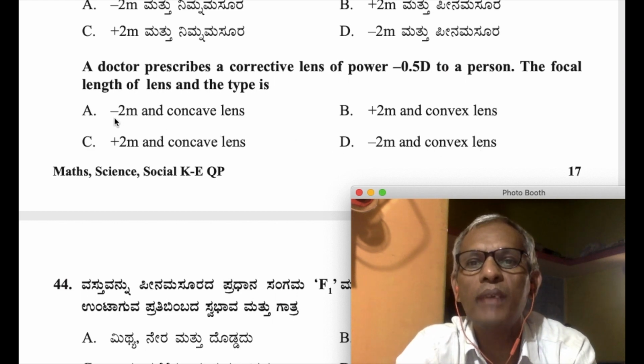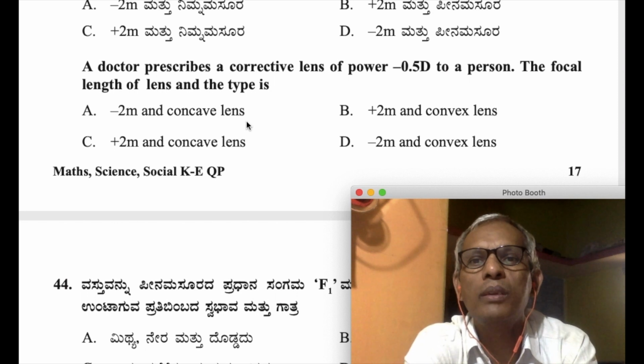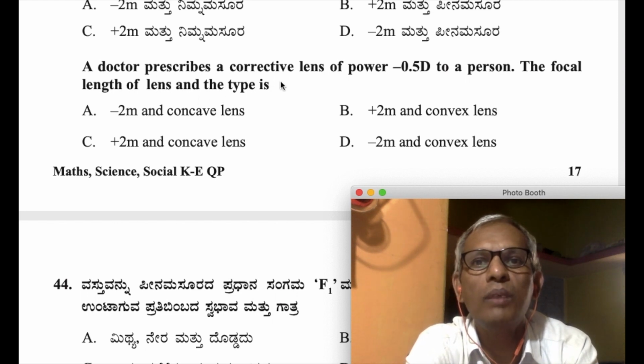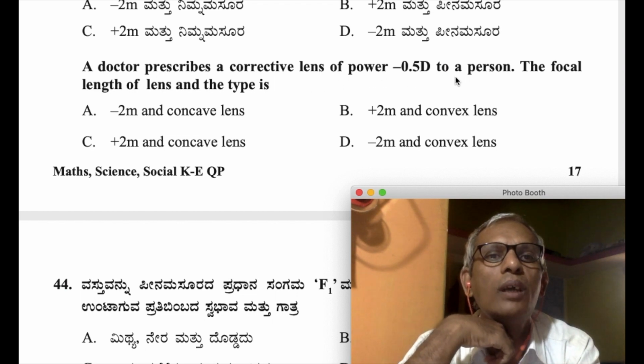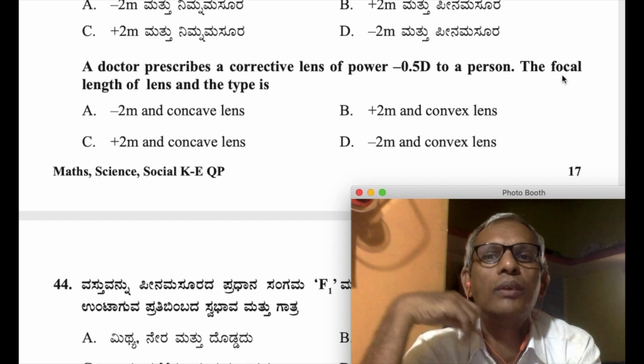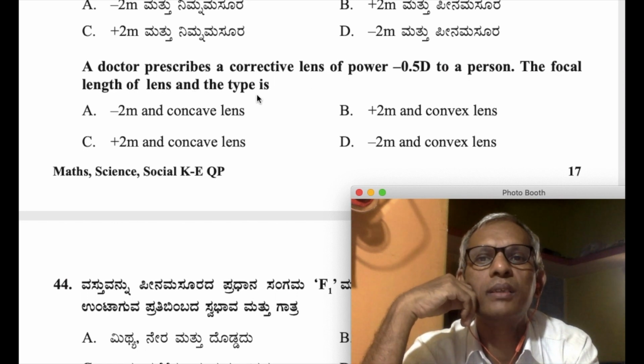So the answer is A, minus 2 meter and concave lens. The person is suffering from myopia, short sightedness. For that the doctor prescribes minus 0.5 D. The focal length of the lens and its type is minus 2 meter and concave lens.